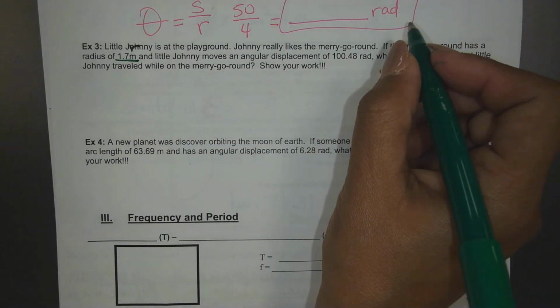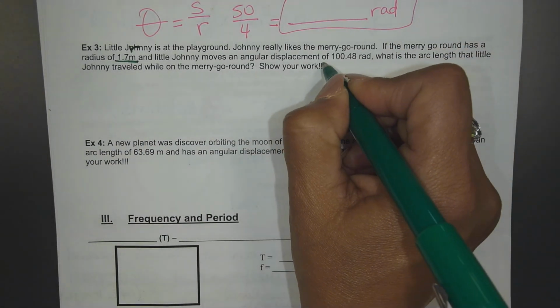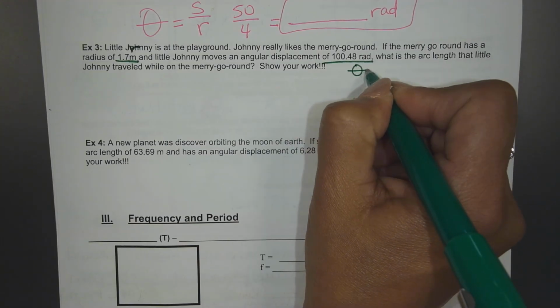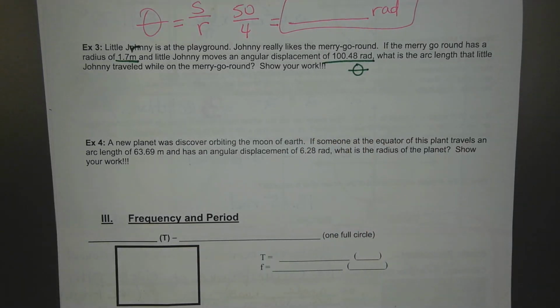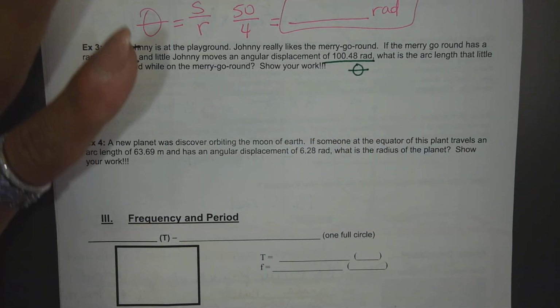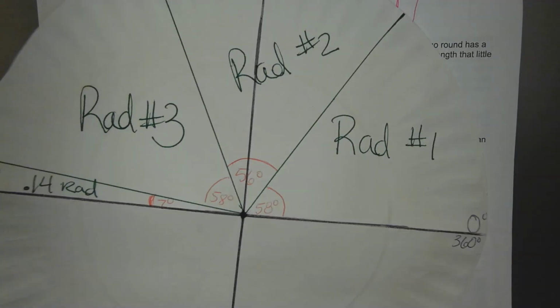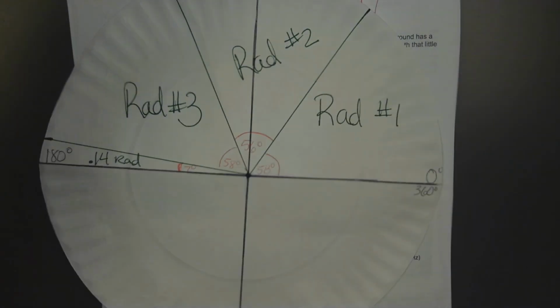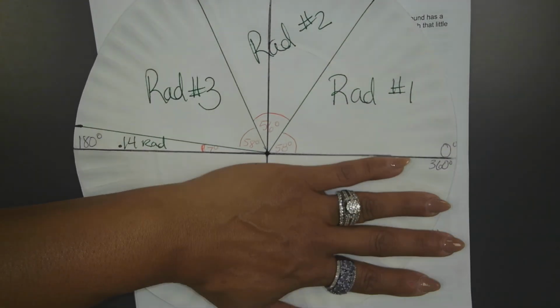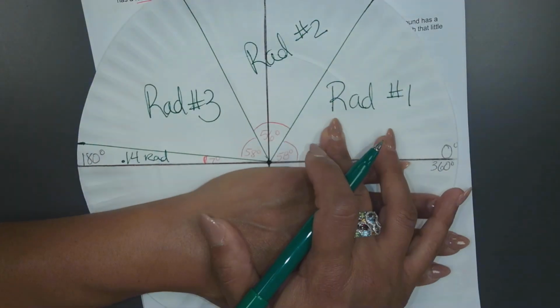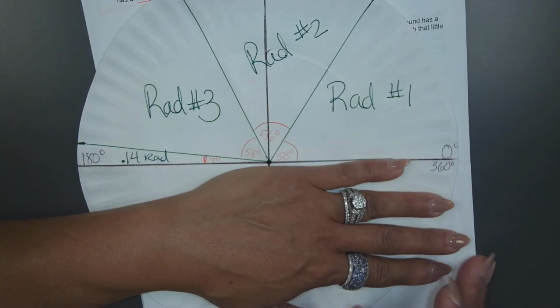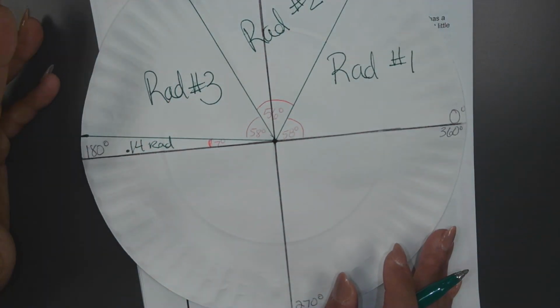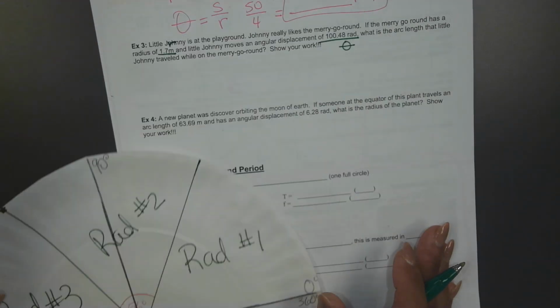Little Johnny moves at an angular displacement theta of 100.48 rads. Now, just a quick reminder: a half of a circle, which would be the top part over here, is 3.14 rads. A full circle would be 6.28 rads.